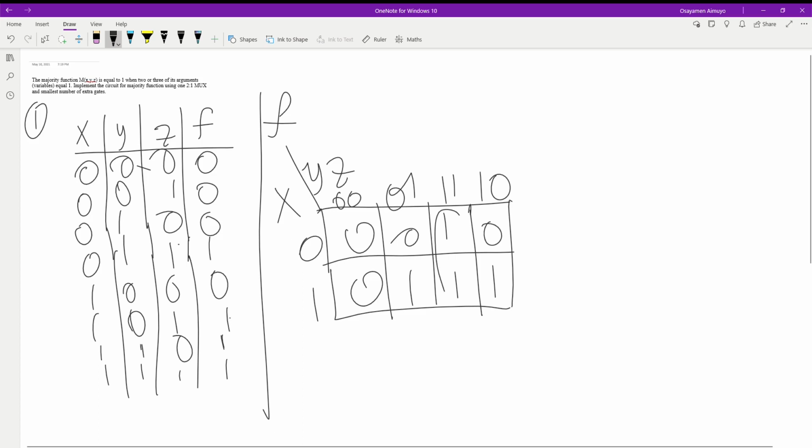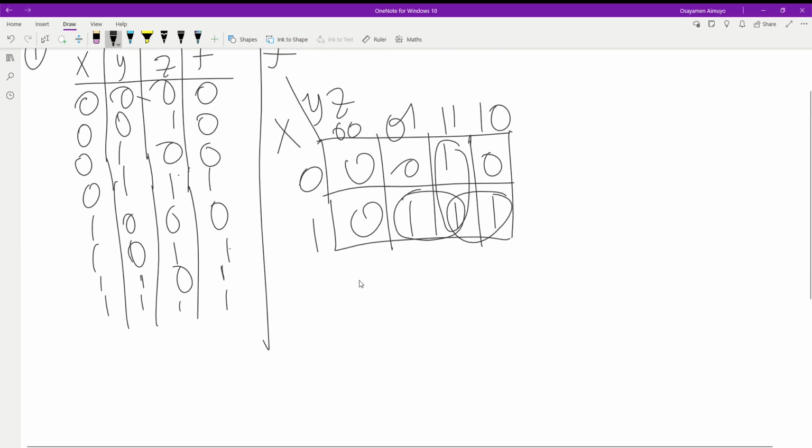So now we can simplify like this, and then simplify like this as well. So everything is just pivoting on this 111 term. Okay.